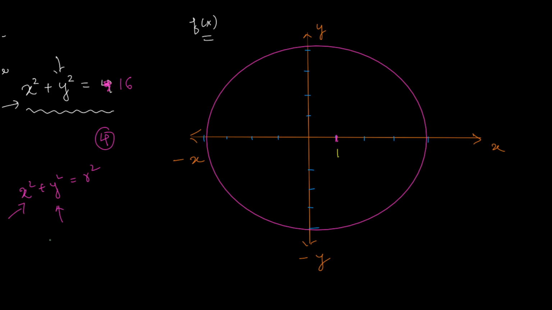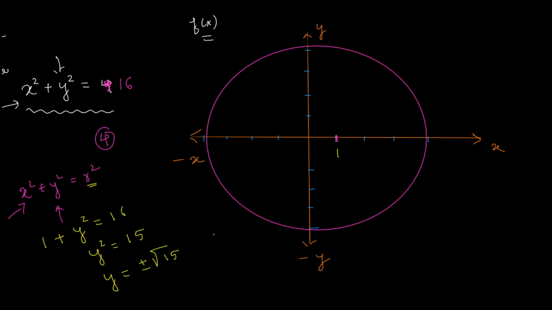So I substitute x equal to 1 in this equation and get 1 plus y squared is equal to r squared, which is 16. If you simplify this, you get y squared is equal to 16 minus 1, which is 15, or y is equal to plus or minus root of 15.